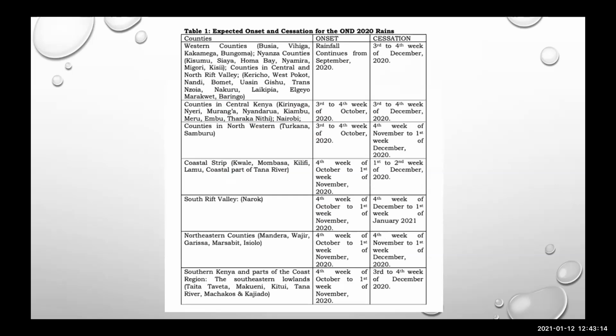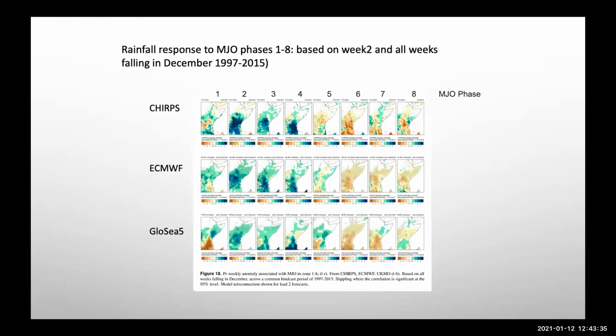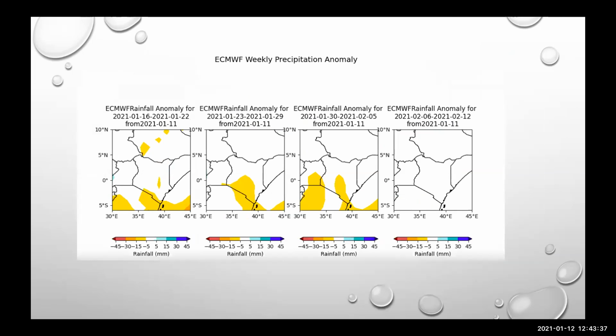When you also look at the seasonal forecast, normally the onset of the rains has been quite a challenge, especially for the MAM season, March, April, and May, and OND. With the beginning of the issuance of these weekly precipitation anomalies, we've been able to try and see when we are likely to see the onsets.